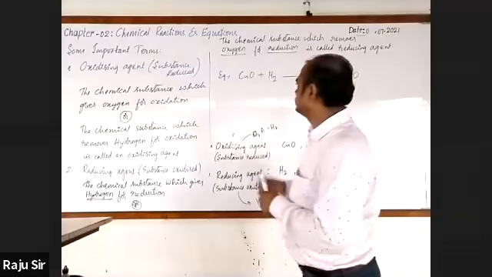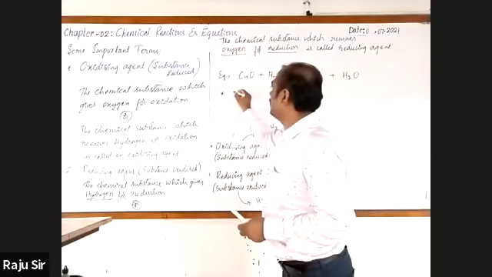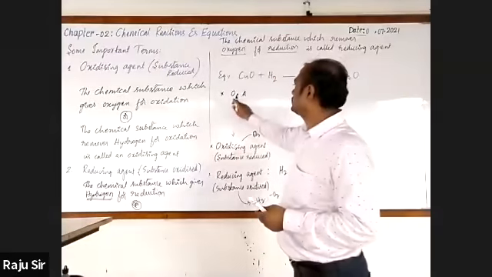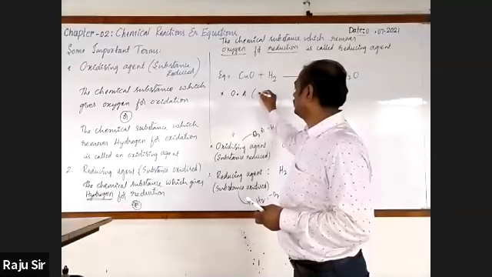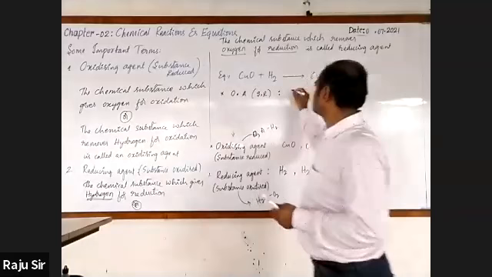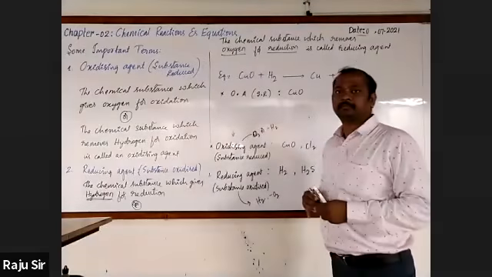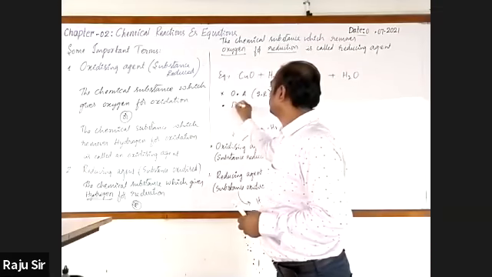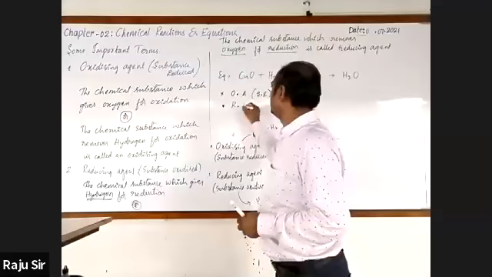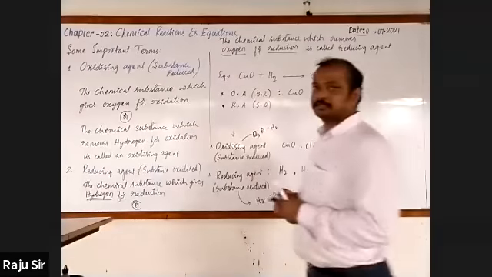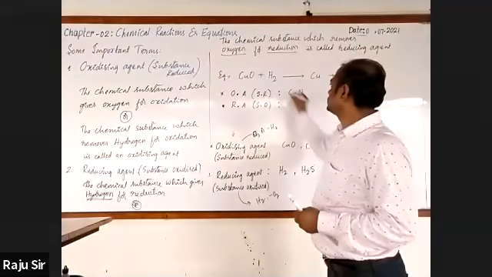Here you may write oxidizing agent, I'm writing in short form. Oxidizing agent is also called substance reduced. This is copper oxide. Then reducing agent is also called substance oxidized. This is hydrogen.